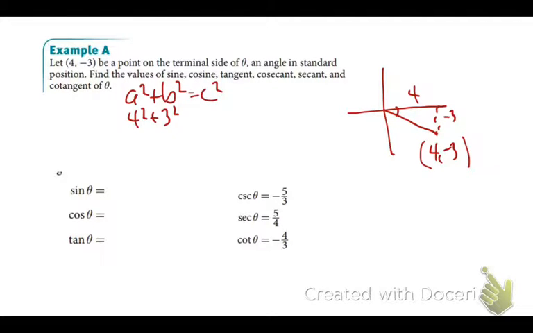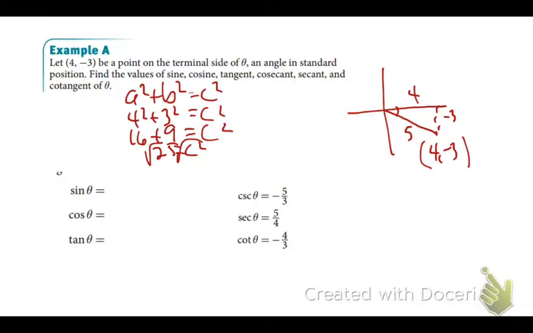We are not going to use the negative because it is distance, right? This is the absolute value. 4 squared is 16. 3 squared is 9. 16 plus 9 is 25. How am I going to get c? Square root. Square root of 25 is 5.